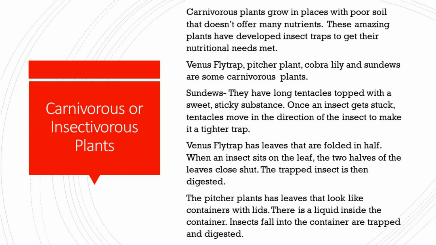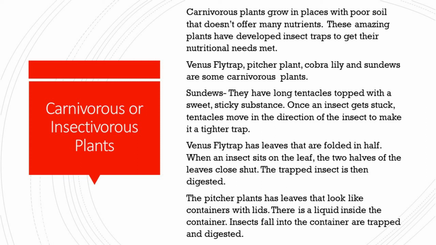Second is Venus flytrap. They are having leaves that are folded in half, and when an insect sits on the leaf, the two halves of the leaf close shut and the insect is trapped inside, and then it is digested by the plant, Venus flytrap.